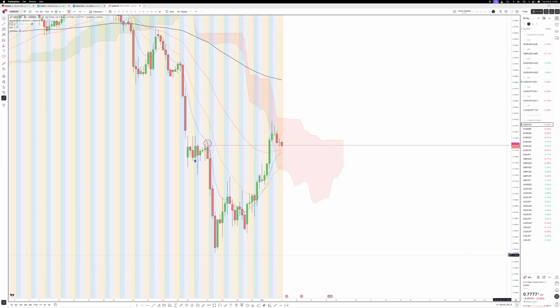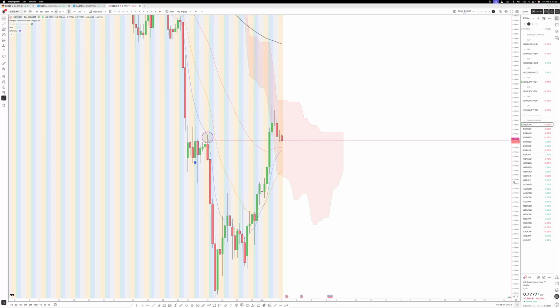The way we define that is we look for when was the last time continuation was defended before being displaced. Here you could see that initially buyers tried to step in, and you could see it by a higher high sequence here. And eventually sellers stepped in and displaced that.